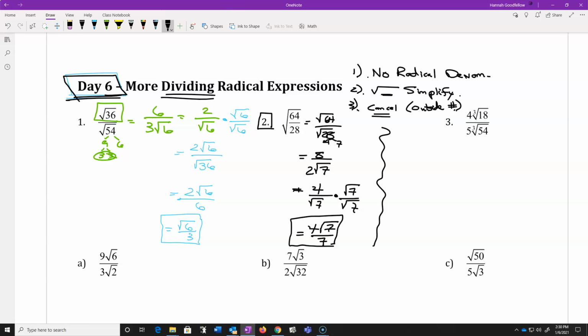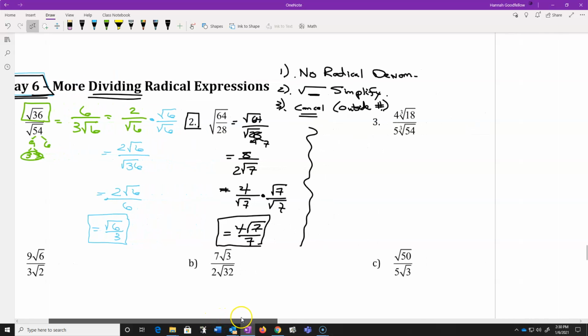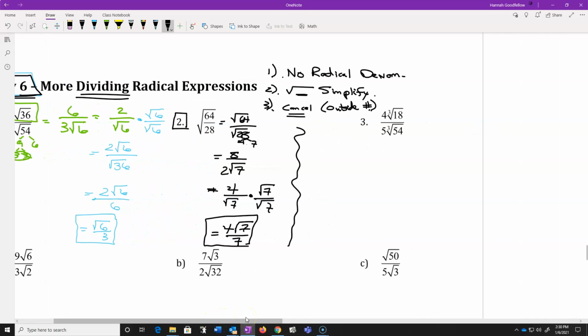All right. Now, they can tend to get to be a little bit cumbersome as you get along. Specifically, cubed roots can kind of be a nightmare. I would not want to triple root this 54 and that 54 to just complete the 54. So what I would suggest you do on this one is let's leave the 4/5 alone, and then let's see if there's some way I could write the entire thing as the cubed root of 18 over 54.